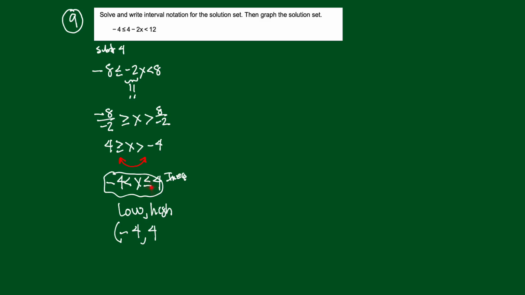Over here with the 4, the equal sign is there, so the 4 is included, so we put a square bracket to indicate that. So this is the interval form. To graph it, we're going to go from negative 4 open to positive 4 closed and everything in between.